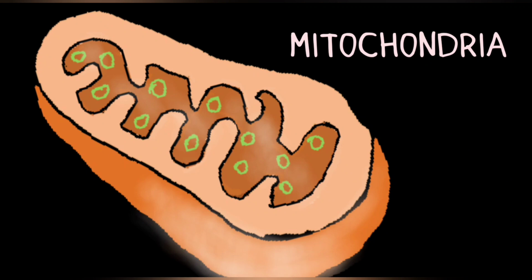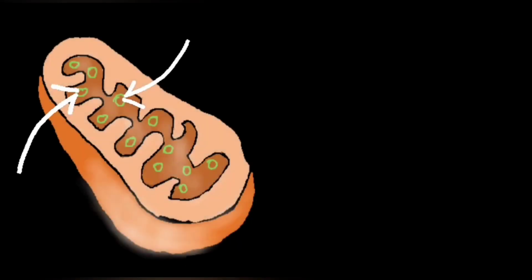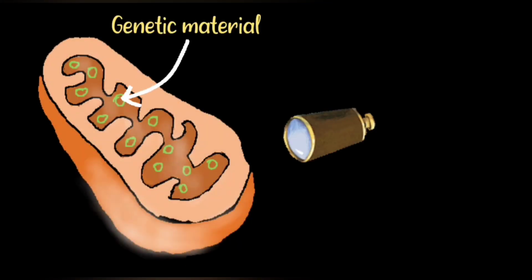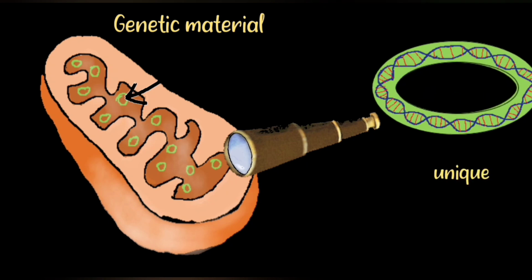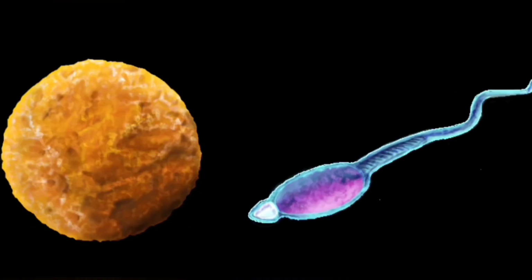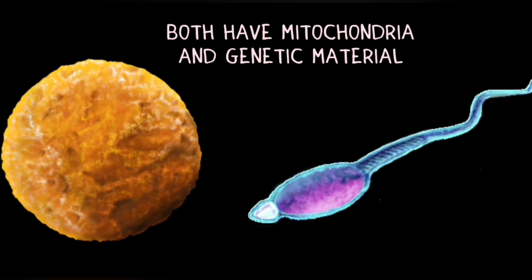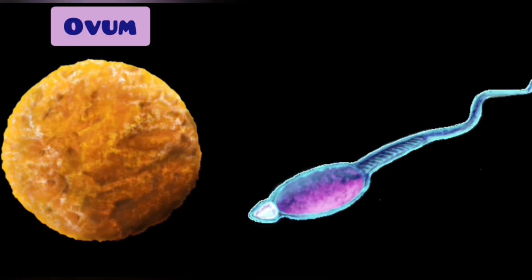Let's see why only mothers are able to transmit mitochondrial genes. We must remember mitochondria are unique, because they have their own separate genetic material inside them, which is different from what is present in other cells. Now let's look at the human ovum and sperm cell. Both of them contain mitochondria and genetic material. This is the ovum cell.